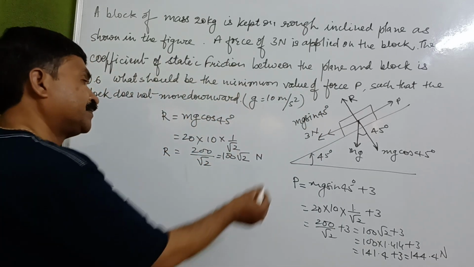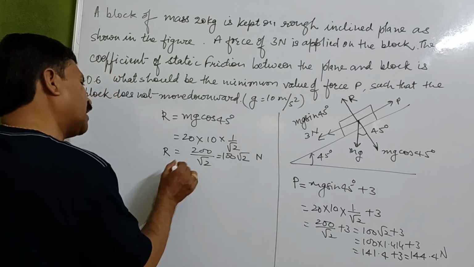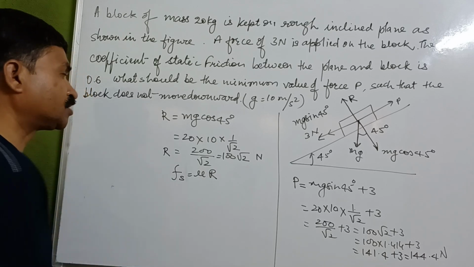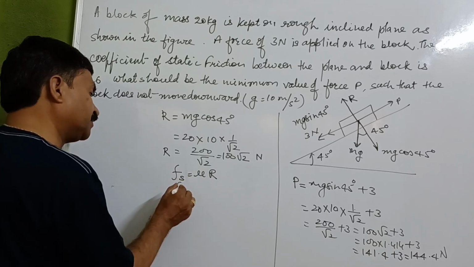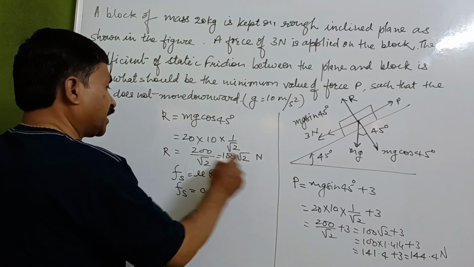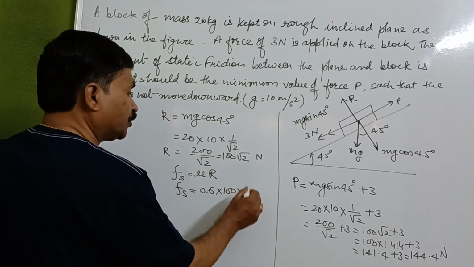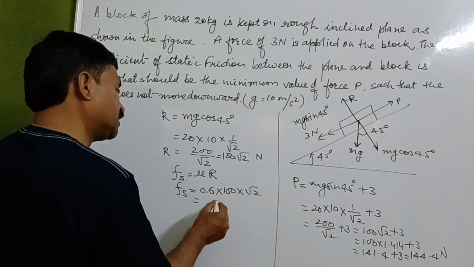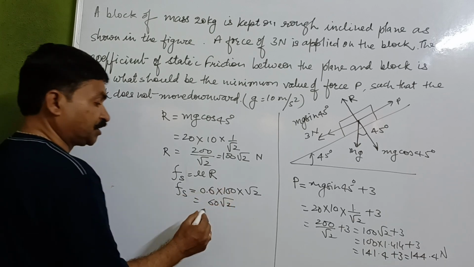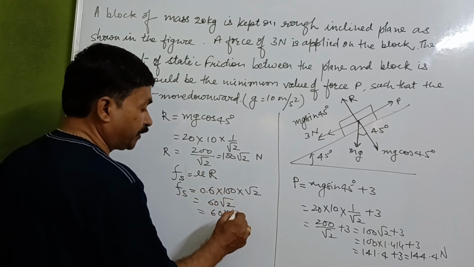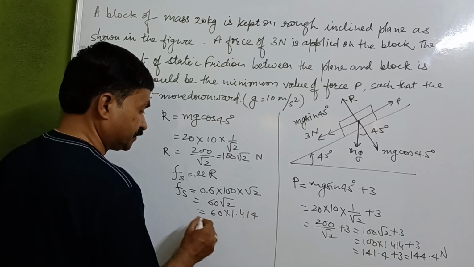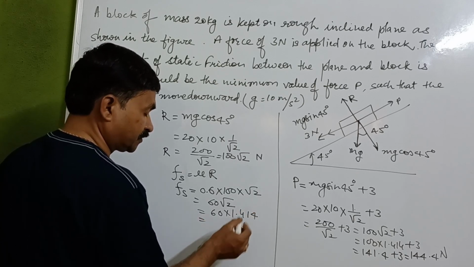Now we know that force of friction is equal to mu into R. So we can determine the force of friction with the help of this. Fs is equal to 0.6, and we have calculated the reaction, that is 100 root 2. So it is 60 root 2, which means 60 into 1.414, that is 84.84 Newton.